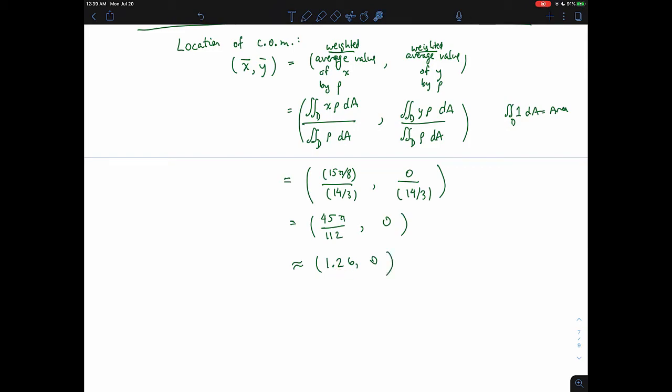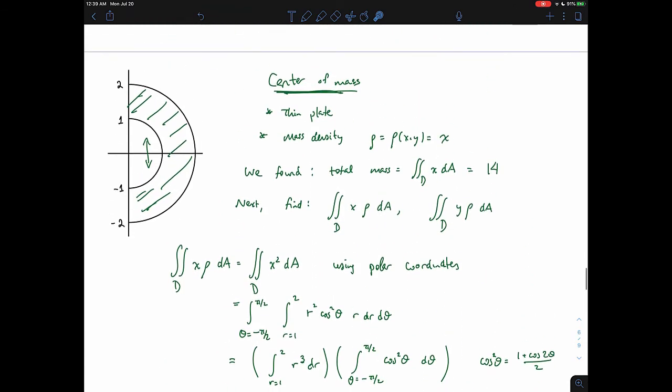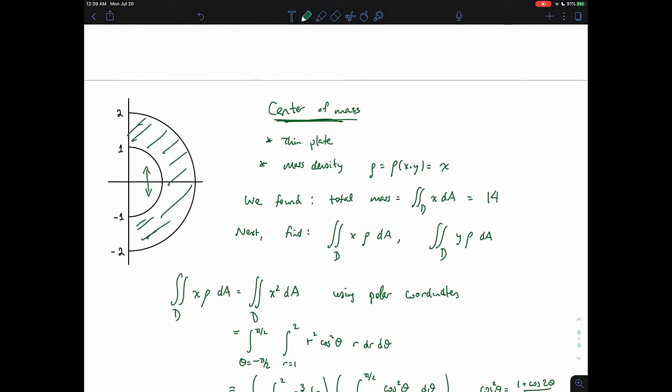On our original drawing of D, that's about here. So a quarter of the way between 1 and 2, roughly. So it's about there as the center of mass.